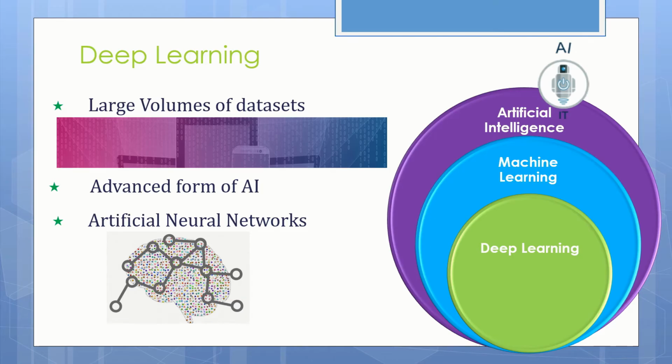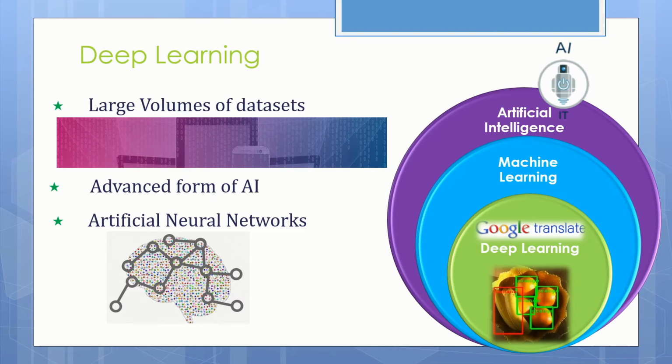Because it operates on huge volumes of data and uses neural networks, these machines are intelligent enough to develop algorithms for themselves. Surprising, isn't it? Some examples of this include your Google Translate and image recognition.